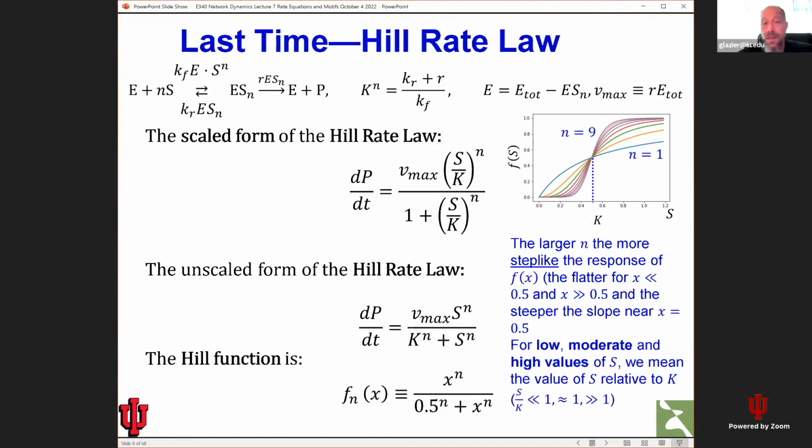In the other case, the slope is maximal at k. And the steepness of the transition increases as the value of n goes up. And so this allows us to do progressively more and more step-like transitions, which may represent different biological situations.